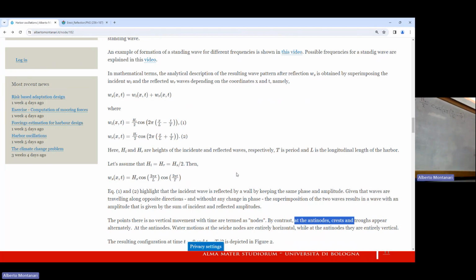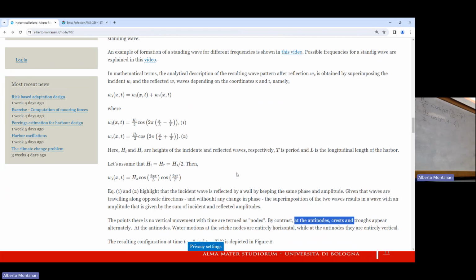Okay, so let's apply this equation. W_E equal to capital H_I divided by 2 cos of 2 pi, which multiplies 1 minus 1 half. Correct?